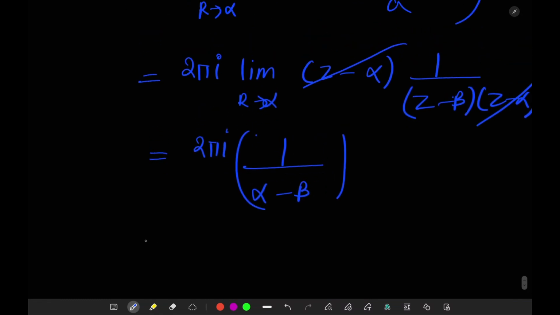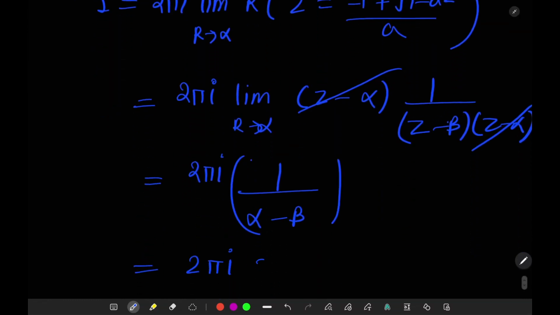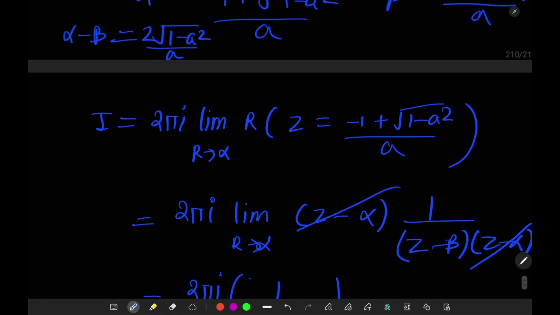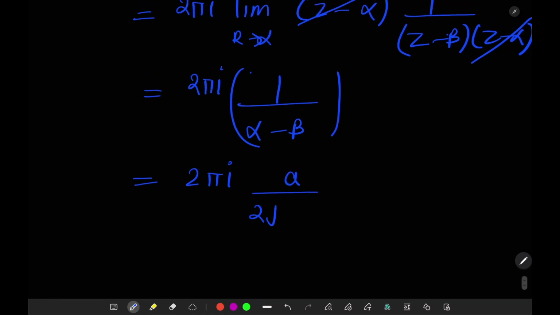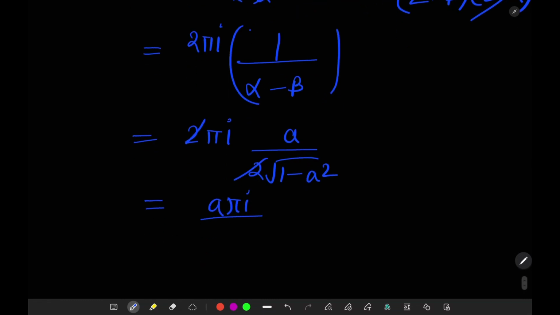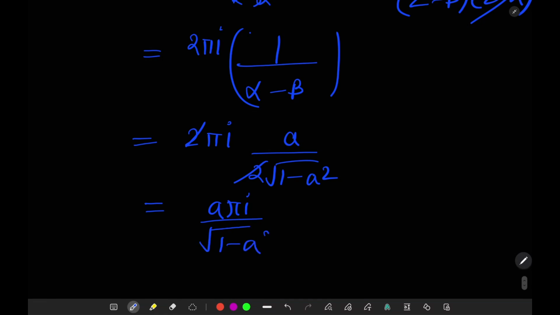Now putting the value of alpha beta, root 1 minus a square divided by, sorry, this is reciprocal, 1 minus a square, this is cancelled out by this term, so we get this.